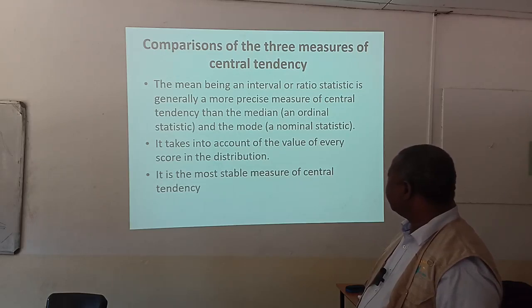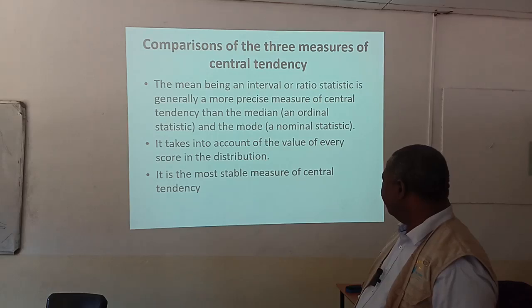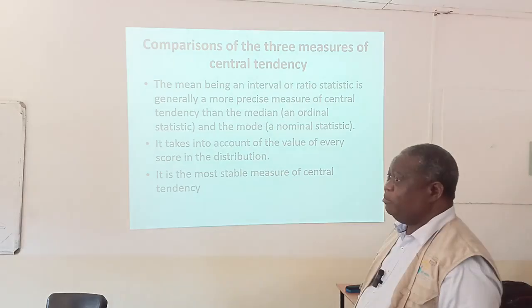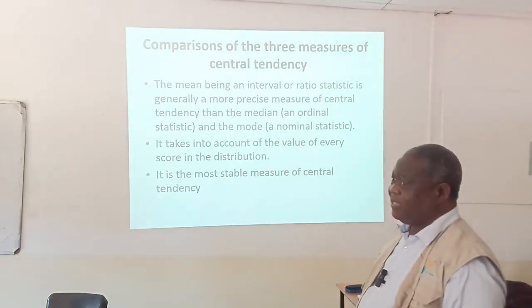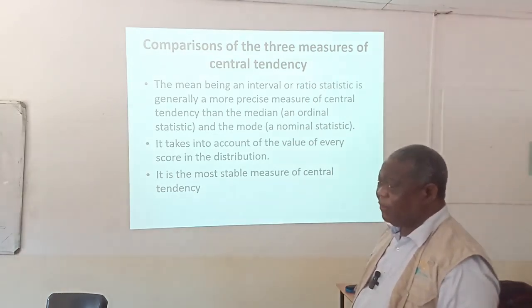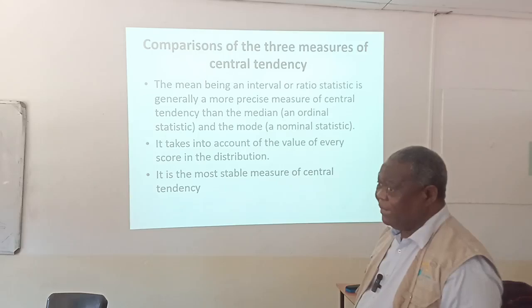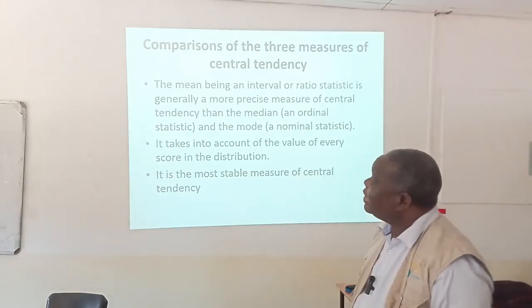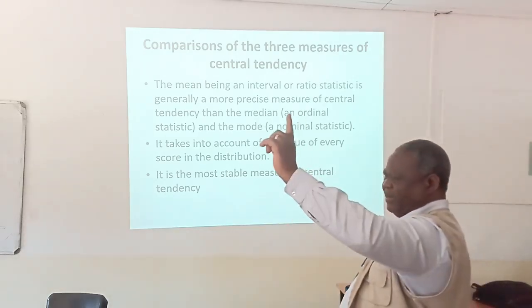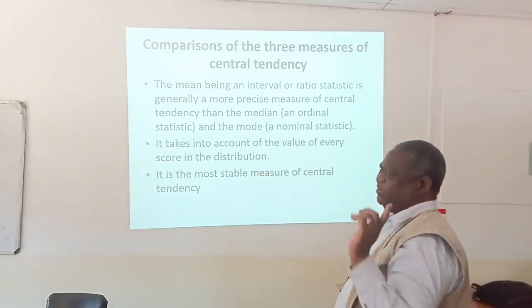It is the most precise measure because it takes into account the value of each and every score in the distribution. And because of that, it is the most stable measure in a distribution. If you have a distribution and you compute the mean, unless you have made mathematical errors, you cannot come up with 2 means. It will always be 1 mean in that distribution. Okay?